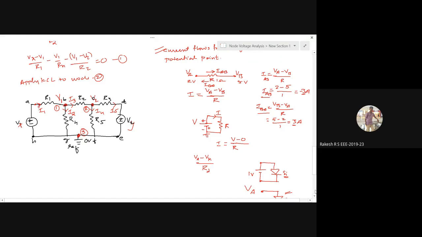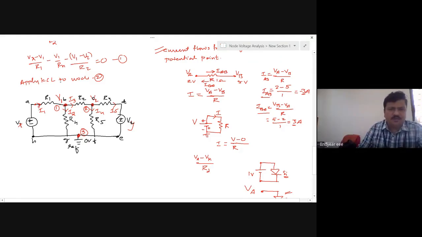Yeah. So now apply KCL to node 2. What we can write here is current I3 is entering, I4 is leaving, I5 is leaving. So I can write I3 minus I4 minus I5 is equal to 0.